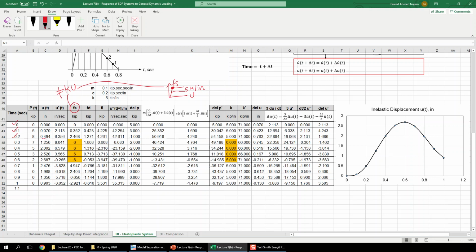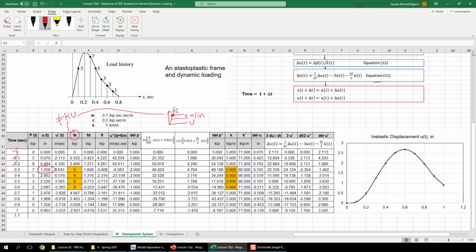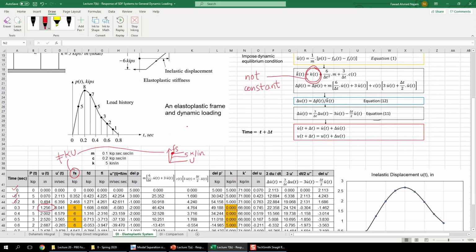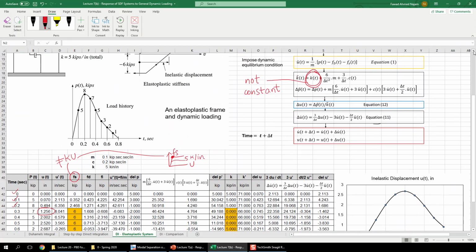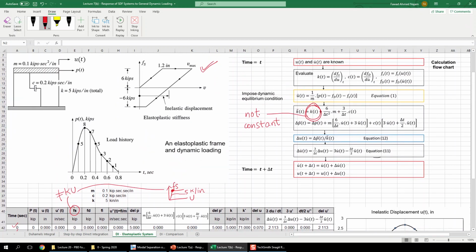In the fourth time step, the value increases beyond 1.2 inches. This is beyond the yield displacement which was given to us. If I go up, I can see the yield displacement here. The yield displacement is 1.2 inches.